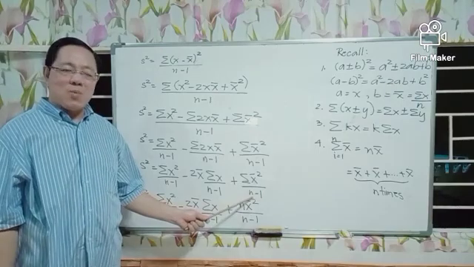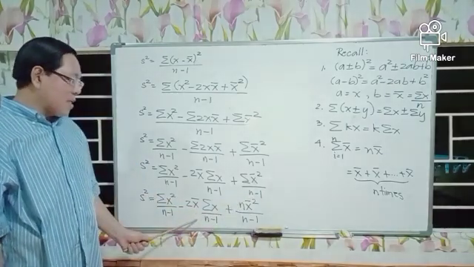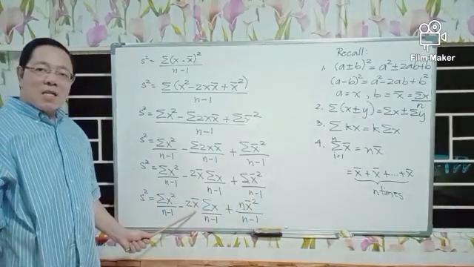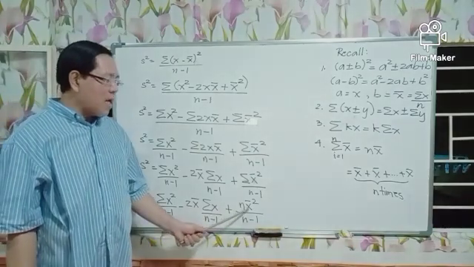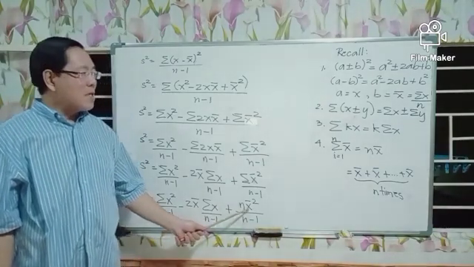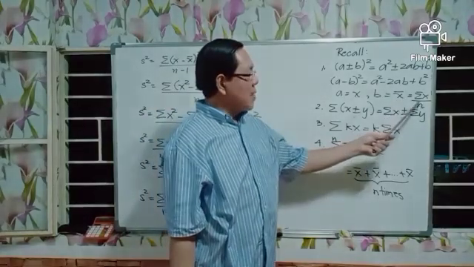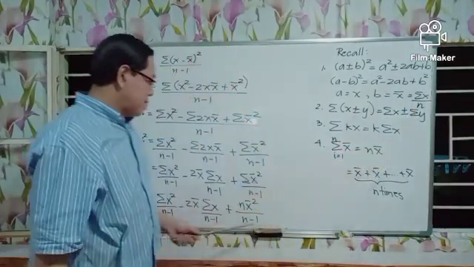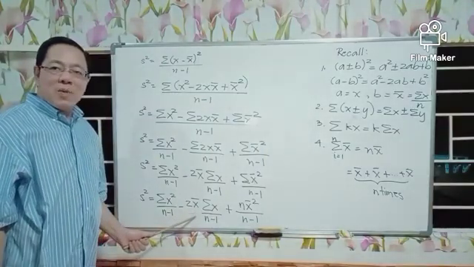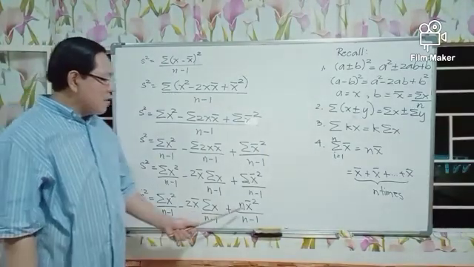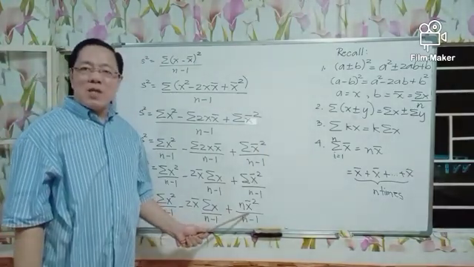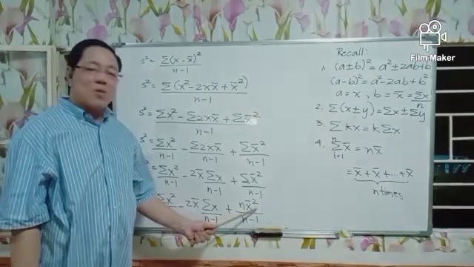Now, in the second term x bar, and in the last term x bar, we replace it with its value, summation of x divided by n. We replace x bar here with summation of x over n, and we square it.